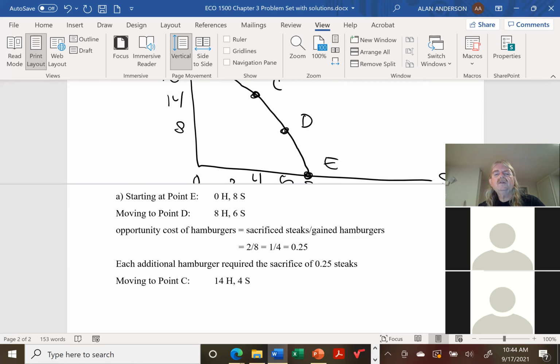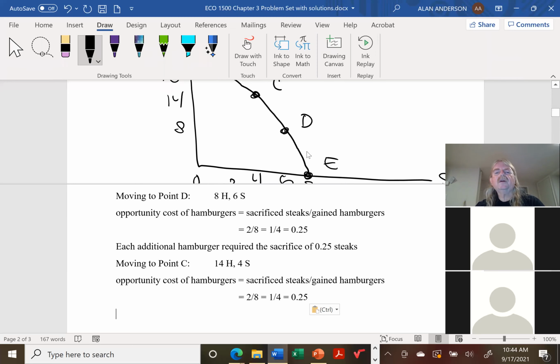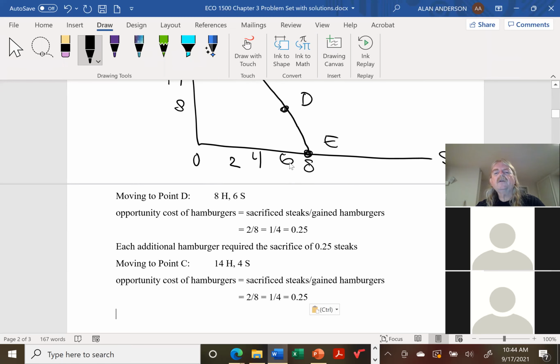So now, in order to calculate this, and of course, this part doesn't change, this formula. But what's different now is that when I go from D to C, I only gained 6 hamburgers and I lost 2 steaks. So the 2 in the numerator hasn't changed, but the denominator is only 6.